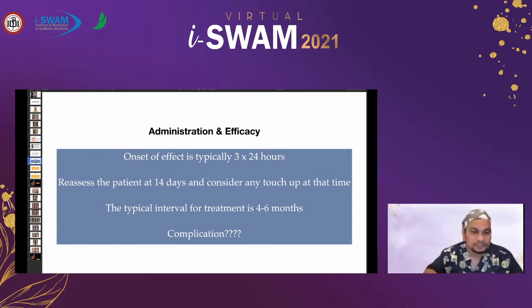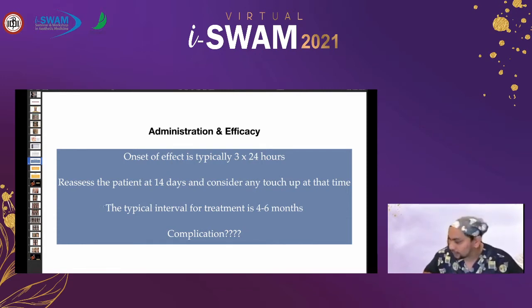And then the typical interval for treatments is mostly 4 to 6 months. Almost all new patients can stand for 6 months.